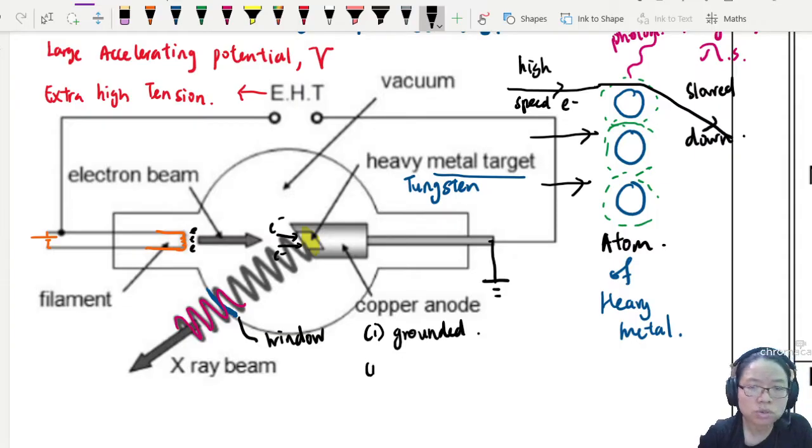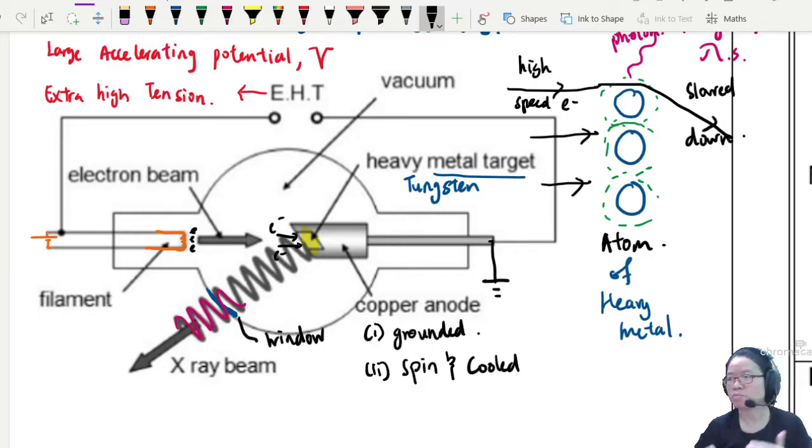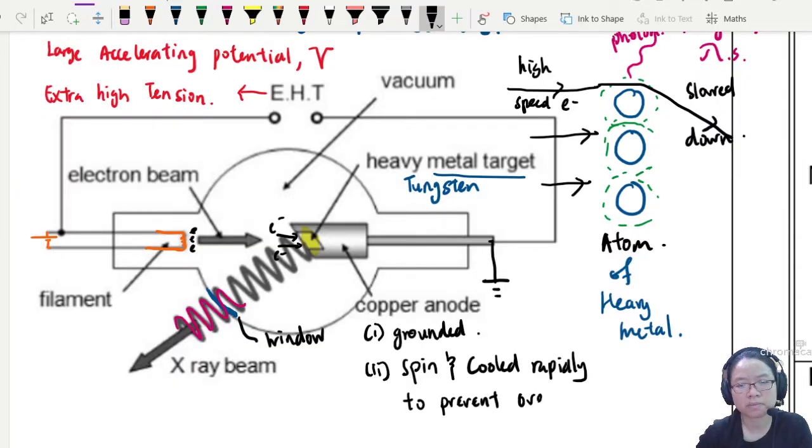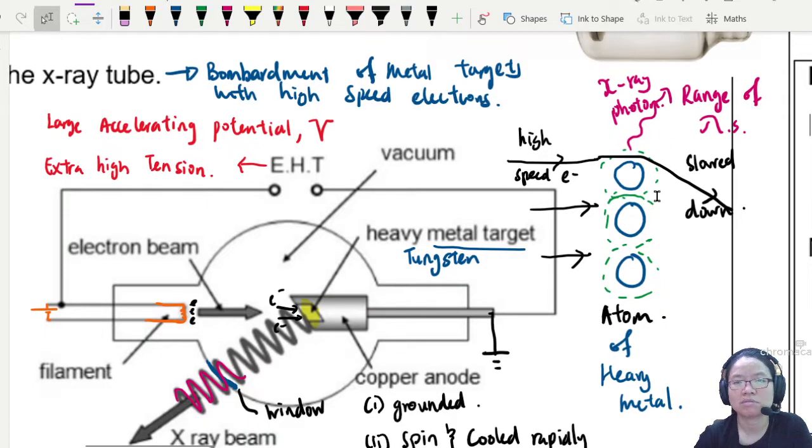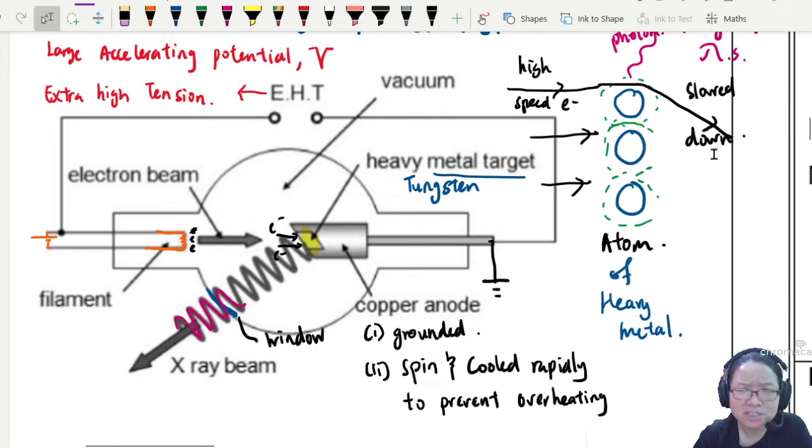Number 2, this is also spun and cooled rapidly. So there has to be an in-house cooling system because this thing is going to get very hot very fast. Okay, so this is to prevent overheating. Because all these slowed down high-speed electrons, they still have kinetic energy, right?